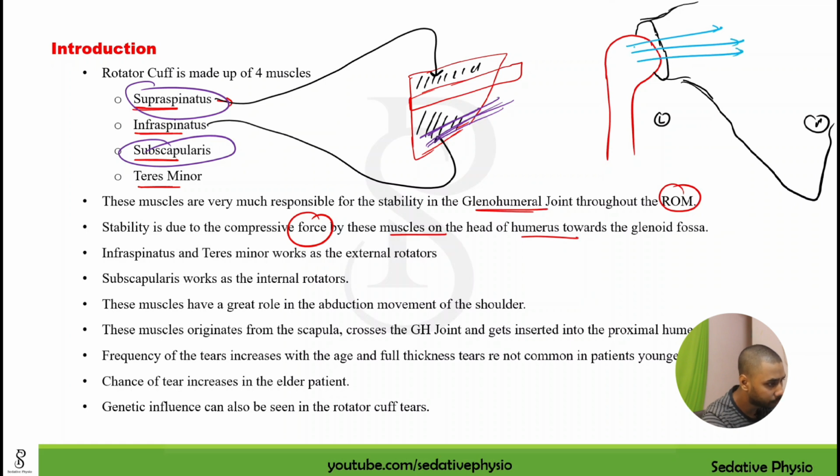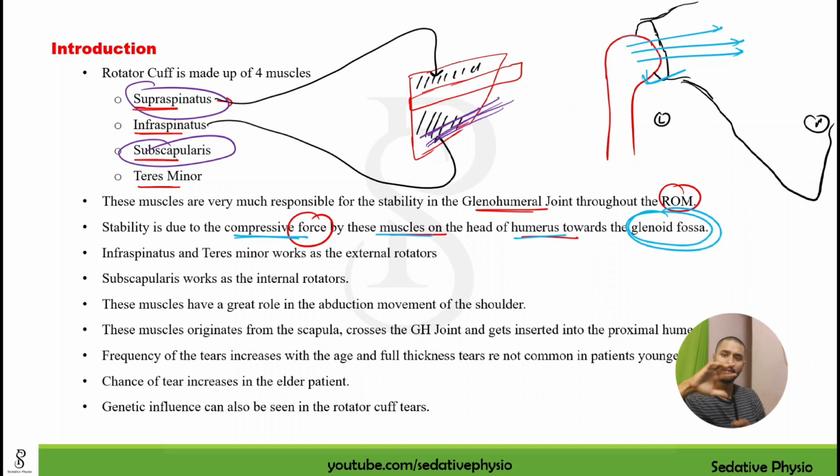Due to this pulling force, the humeral head gets into contact with the glenoid fossa, and it is making this joint stable. So how is the stability provided? Stability is due to the compressive force by the muscles on the humeral head towards the glenoid fossa. The muscles are pulling the humeral head towards the glenoid fossa and fixing it there.